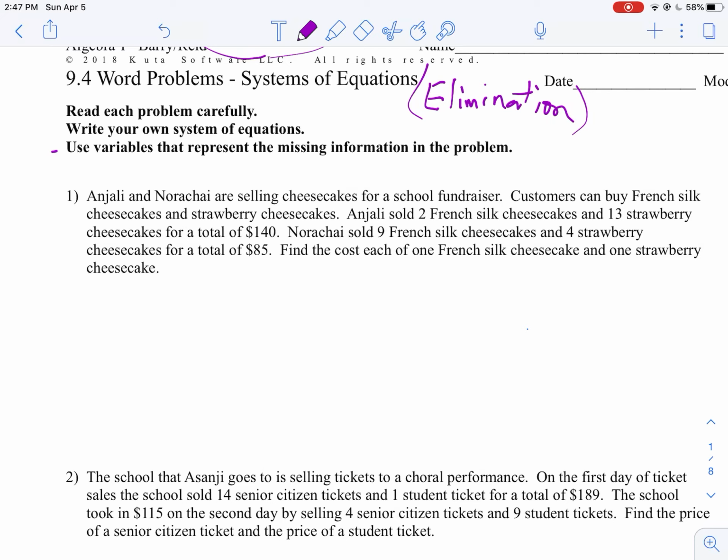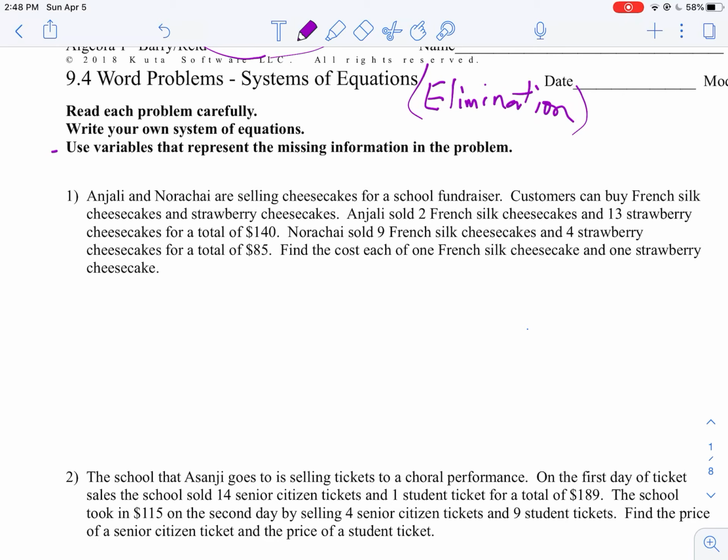Anjali sold 2 French silk cheesecakes and 13 strawberry for a total of $140. Norakai sold 9 French silk and 4 strawberry for a total of $85. Find the cost of each one, French silk and strawberry.